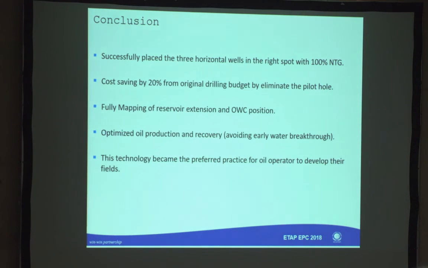Fully mapping the reservoir extension, thickness and lateral variation, and also mapping the oil-water contact position. Optimized oil production and recovery, avoiding early water breakthrough by placing the well in the optimum position to maximize the life of the well.